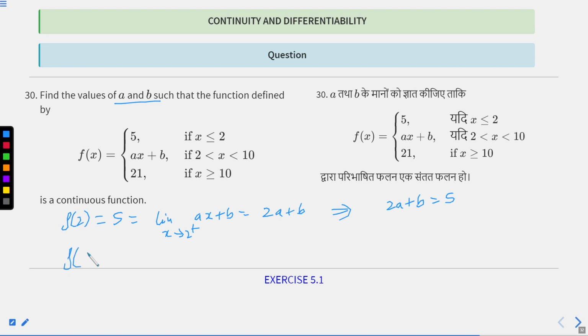Now f of 10 will be what? 21, and this must be the same as the limit as x tends to 10 from the left hand side. So this means ax plus b. This means that 10a plus b equals 21.